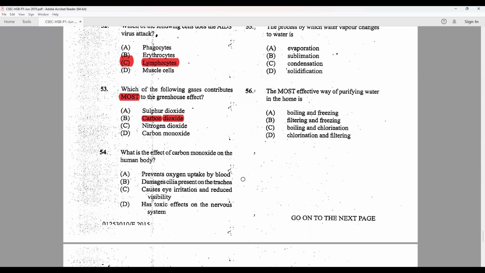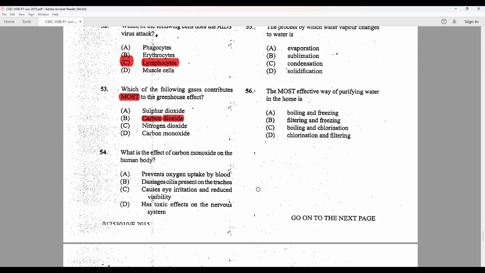What is the effect of carbon monoxide on the human body? Prevents uptake of oxygen by blood, damages cilia present on the trachea, causes eye irritation and reduces visibility, has a toxic effect on the nervous system.